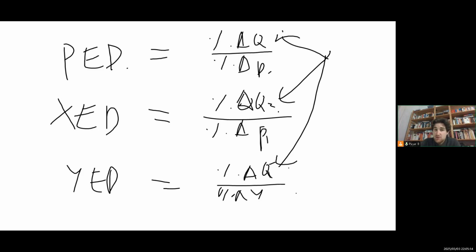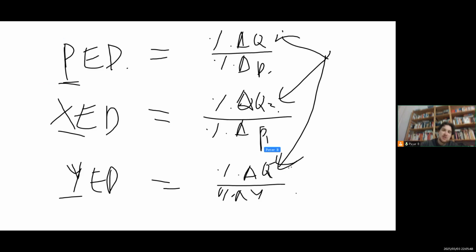Always remember, the quantity is always the numerator, because we're interested in how much the quantity consumed has changed. That's what it's measuring. Elasticity is my percentage change in quantity for a 1% change in any of these things I'm asking about, whether it's the price of my good, the price of another good that's in some way related, whether because they're substitutes and kind of competing, or complements that you buy together as a package, or whether it's income and how much your demand for a good changes with income.